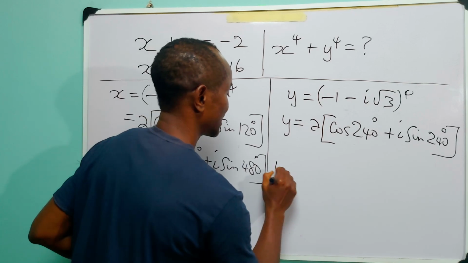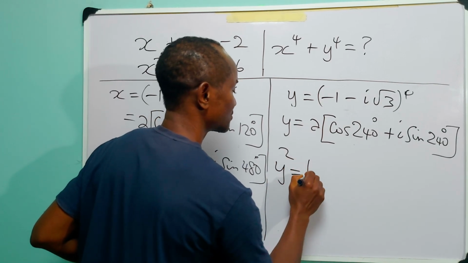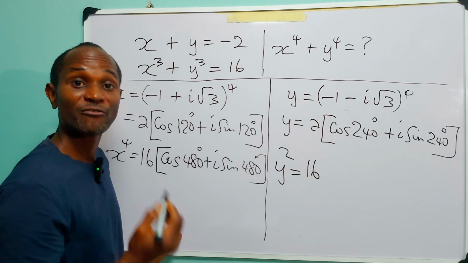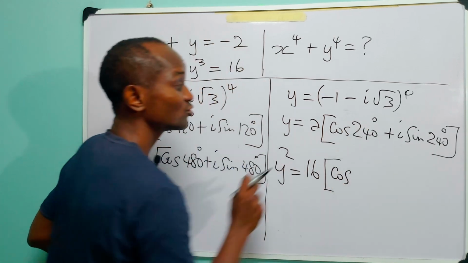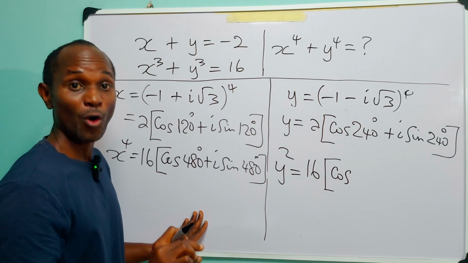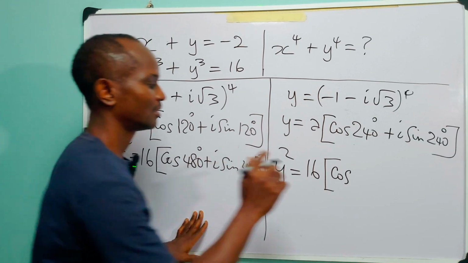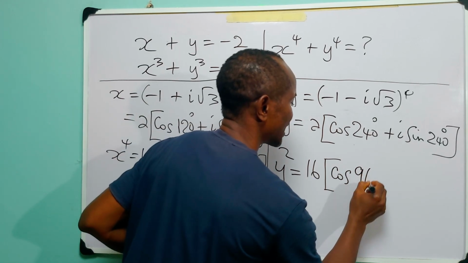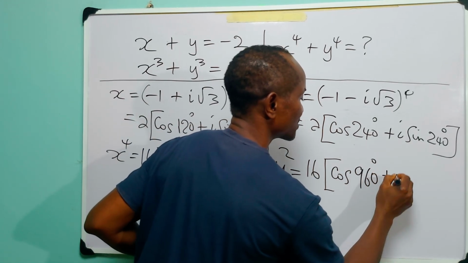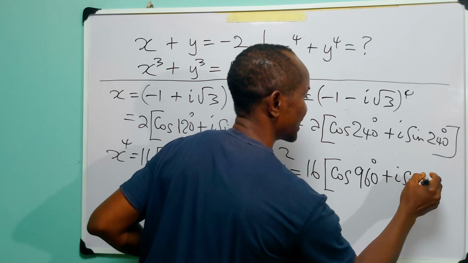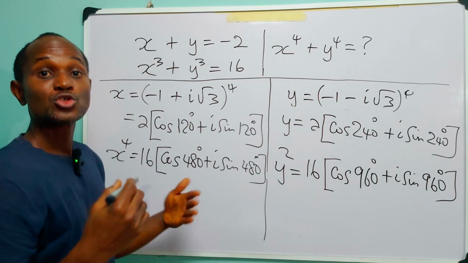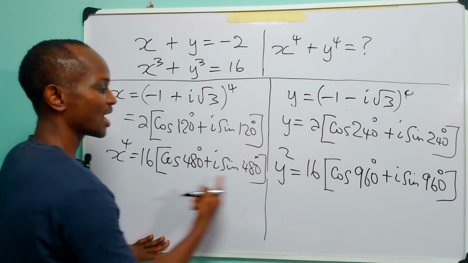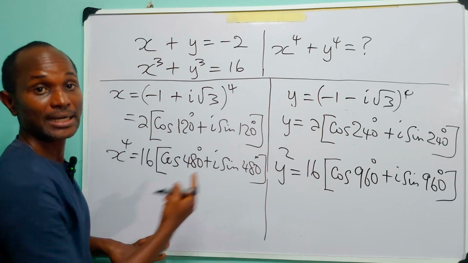And here we have that y raised to power 4 is equal to once more 16, because 2 raised to power 4 is 16, cos 240 times 4 is 960 degrees plus I sine 960 degrees. So all that we have to do now is to evaluate this and add.